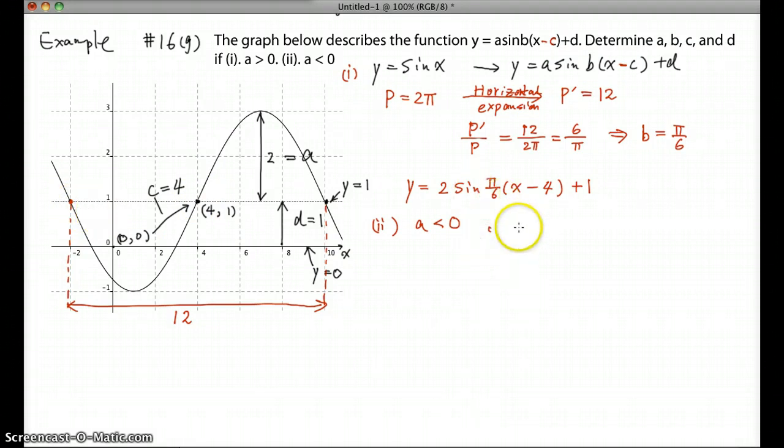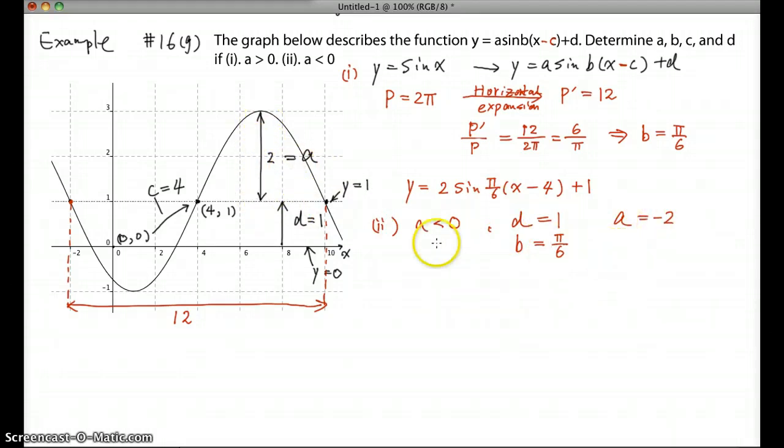Let's first of all write on everything that remains the same. For example, D still equals 1, and the B, because B determines the horizontal transformation or the new period, should still be pi over 6. So the only difference is the A. Since A is negative, the A must be negative 2, right? Because 2 is the amplitude, which is determined by this, it's still 2, so it becomes negative.